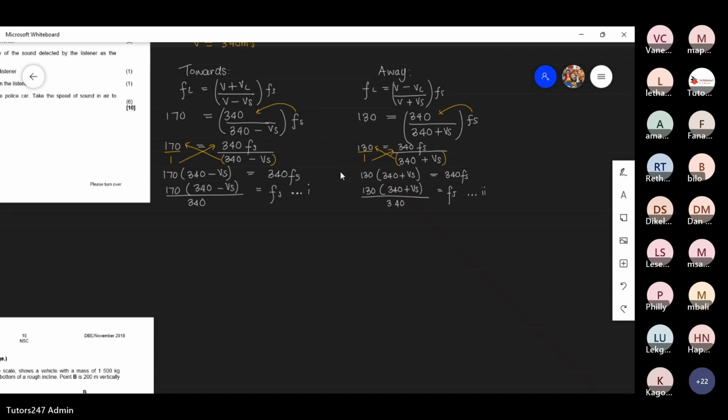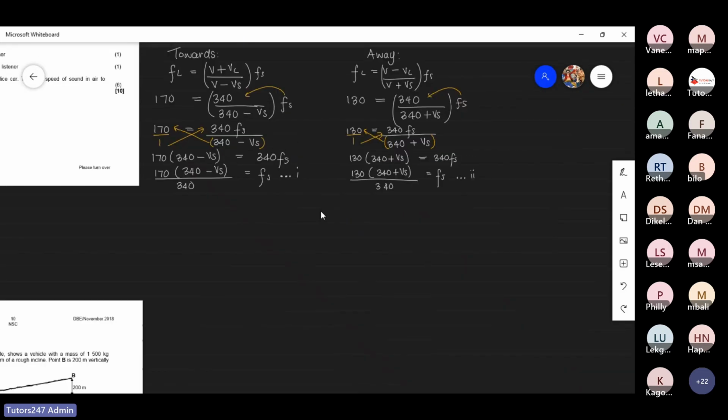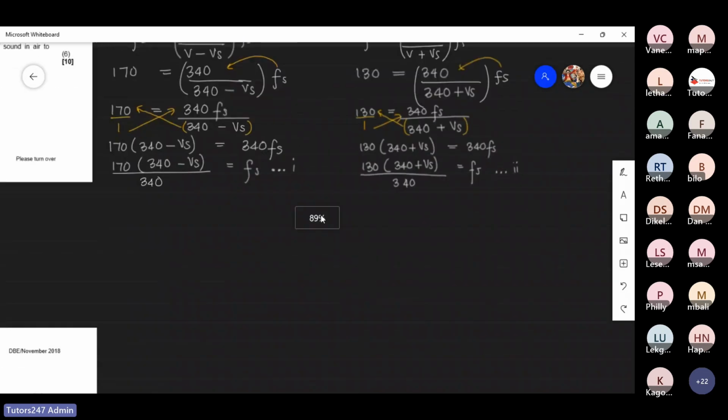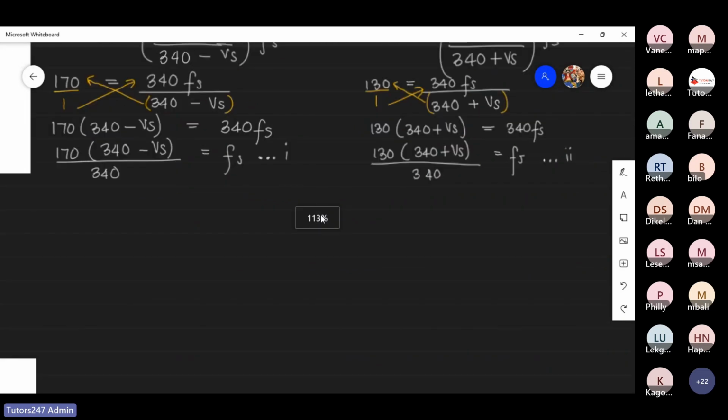I previously mentioned that whenever you are doing simultaneous equations, to speed up the process, if you are calculating for Vs, make the other variable the subject of your formula. By doing this, when you connect both equations, the unknown that you want to find will be within your simultaneous equation.